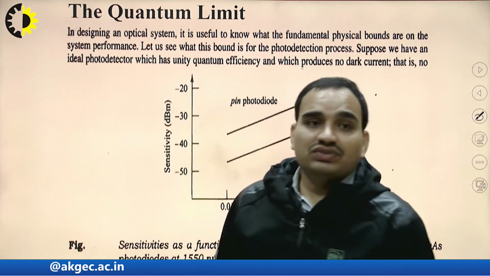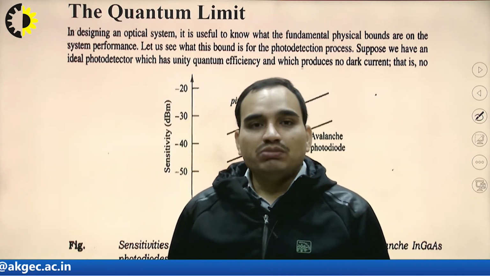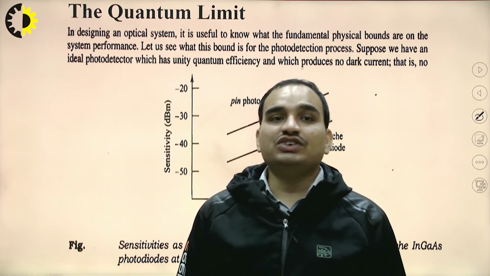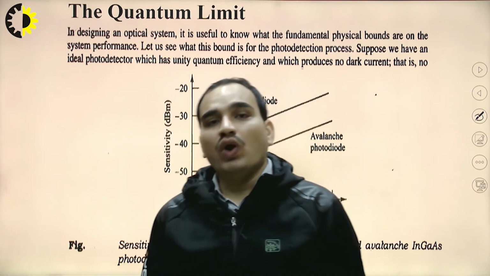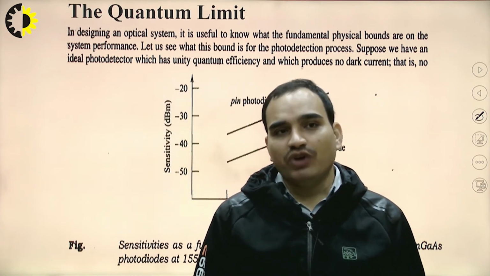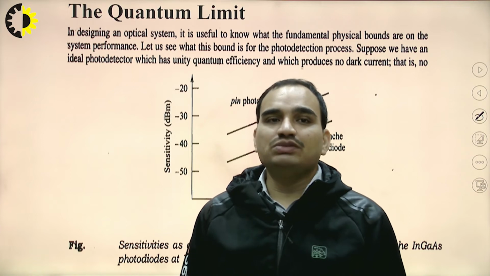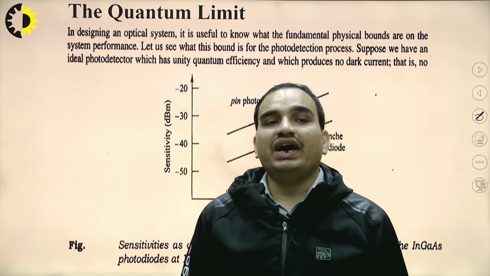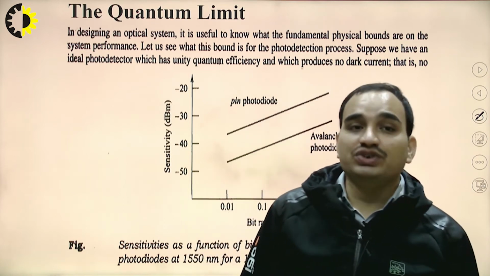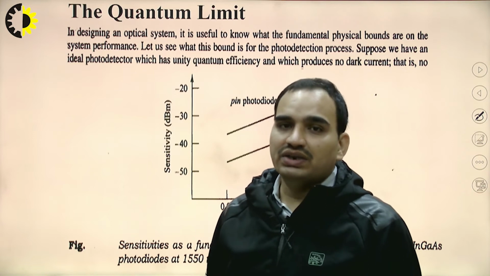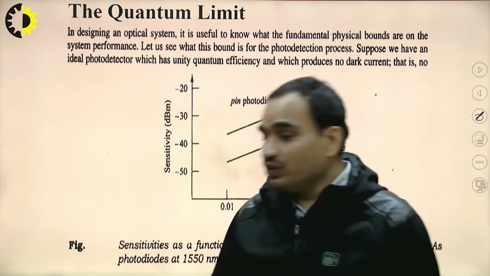The next topic is the quantum limit. In designing an optical system, it is useful to know what the fundamental physical bounds are on the system performance. So let us see what this bound is for the photo detection process. Suppose we have an ideal photo detector which has unity quantum efficiency and which provides no dark current.